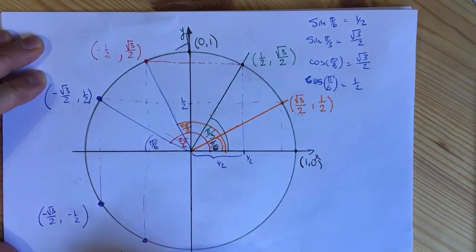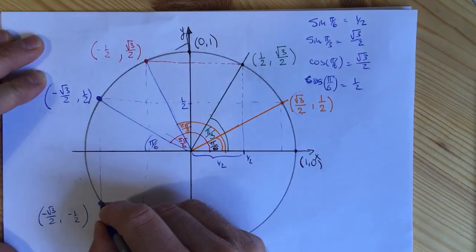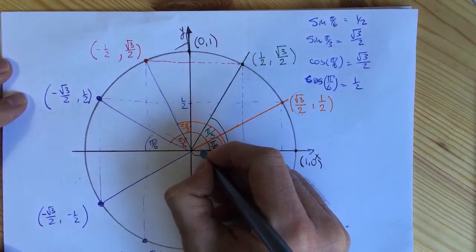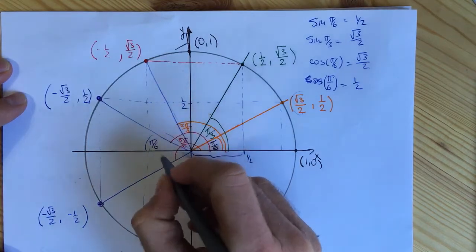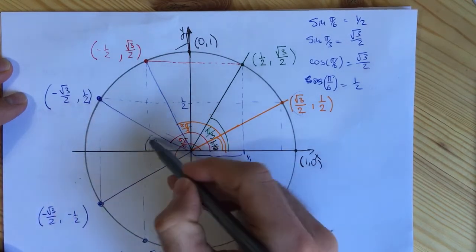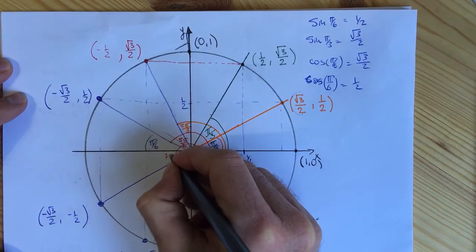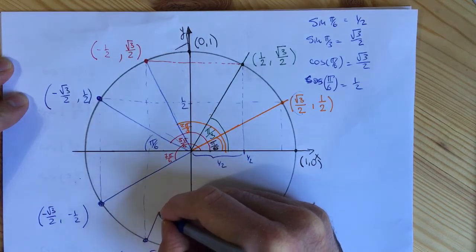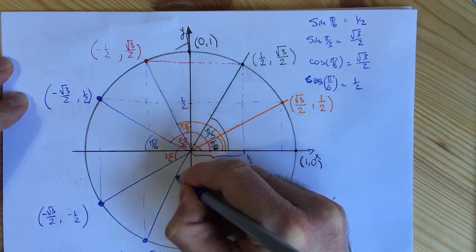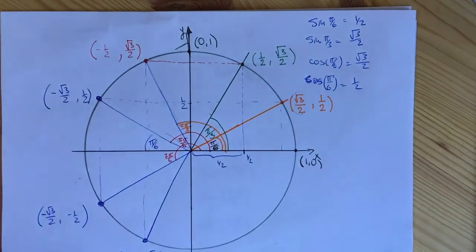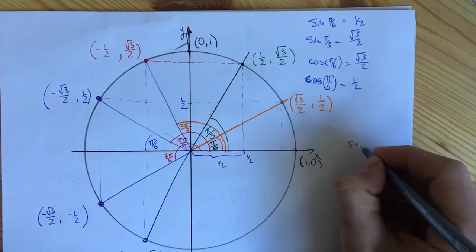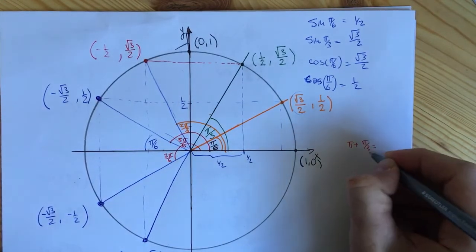And the coordinates of this point are negative 1/2 and negative square root of 3 over 2. Okay, so this angle that starts from here is going to be pi plus pi over 6, that's 7 pi over 6, and this angle right here is pi plus pi over 3, and that's 4 pi over 3.